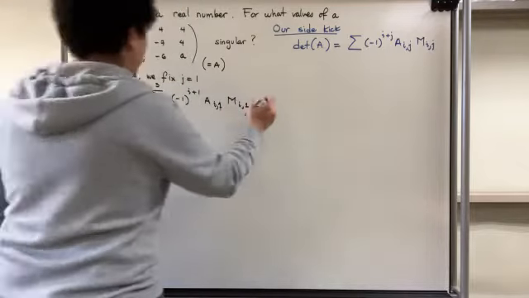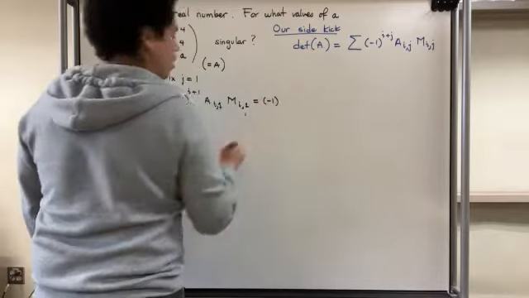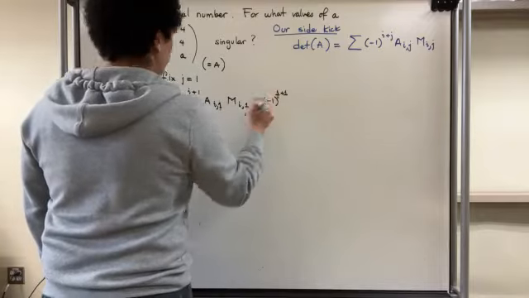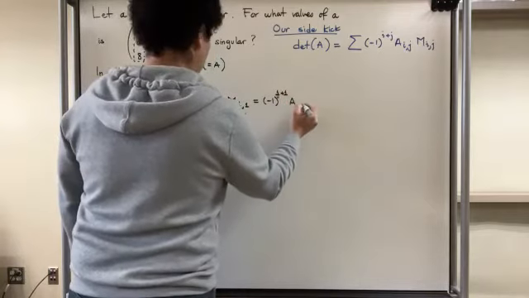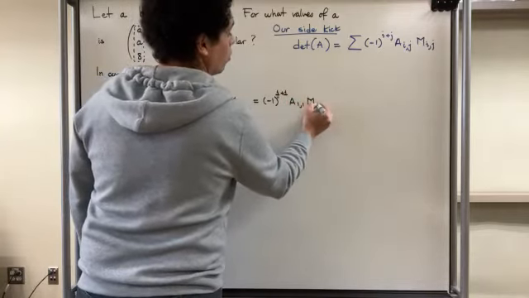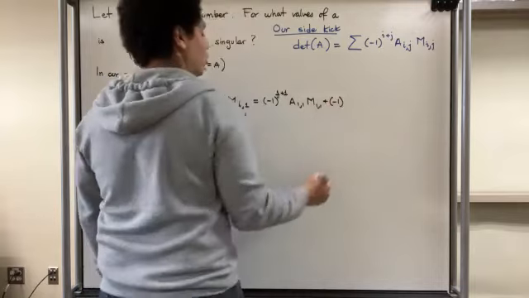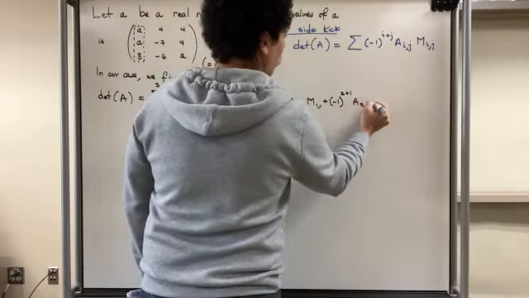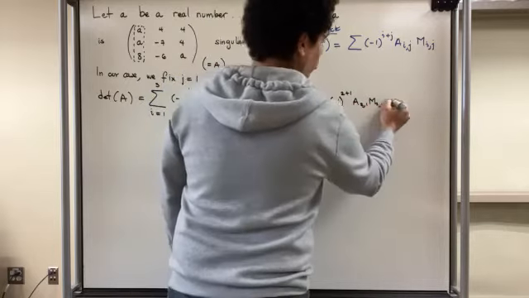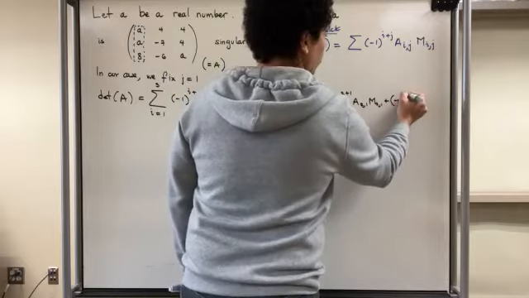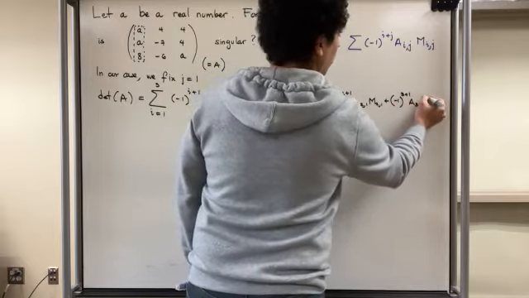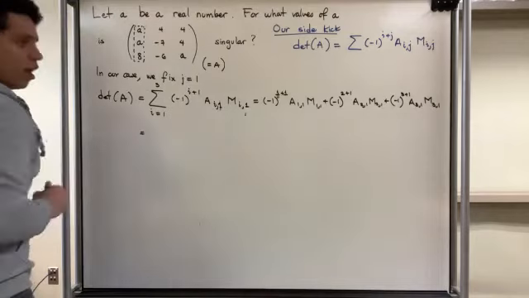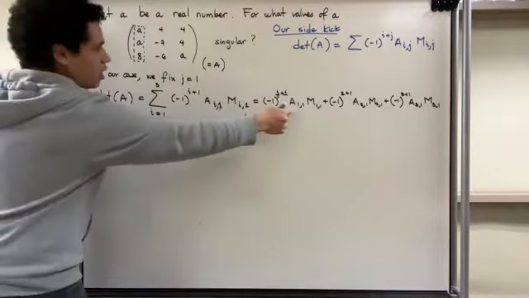This has to be (-1)^(1+1) a_{11} M_{11} plus (-1)^(2+1) a_{21} M_{21} plus (-1)^(3+1) a_{31} M_{31}.